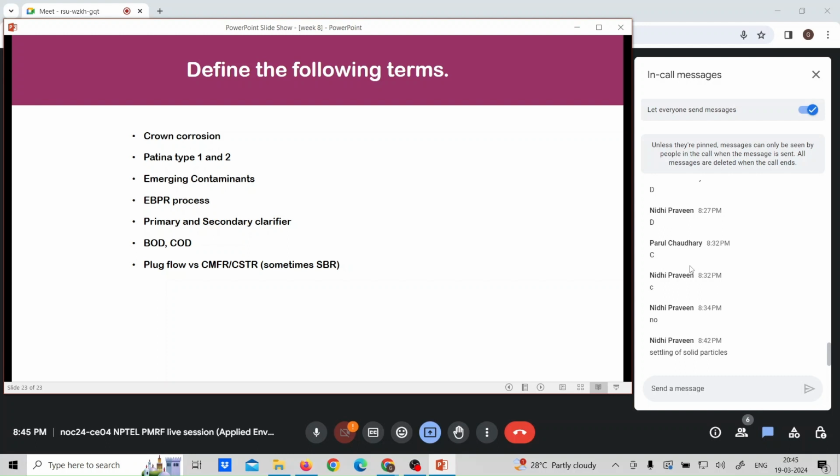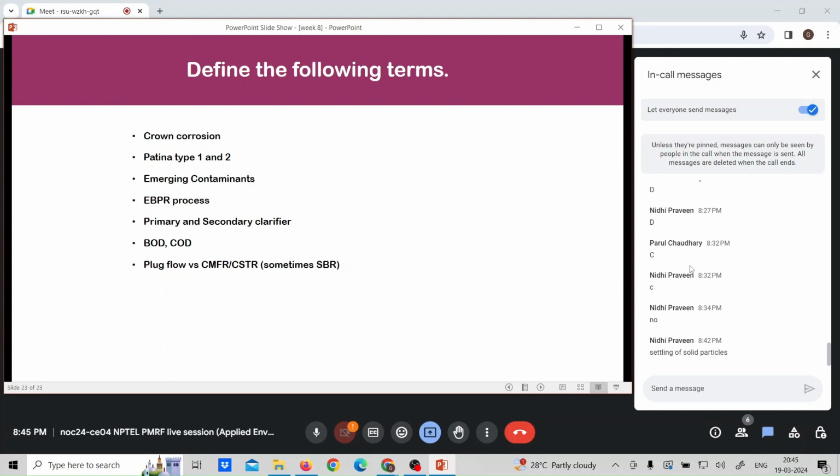What is a CMFR? Okay, so CMFR means completely mixed flow reactor.